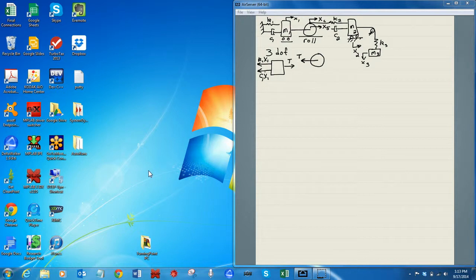On the bottom, I have a normal force and a friction force, which I don't know, and I'm just going to call it F. I'm going to solve for F. It doesn't matter what direction I draw it. A positive means I drew it correctly, and negative means it goes the other way. Then at the top, I have a spring and a damper.